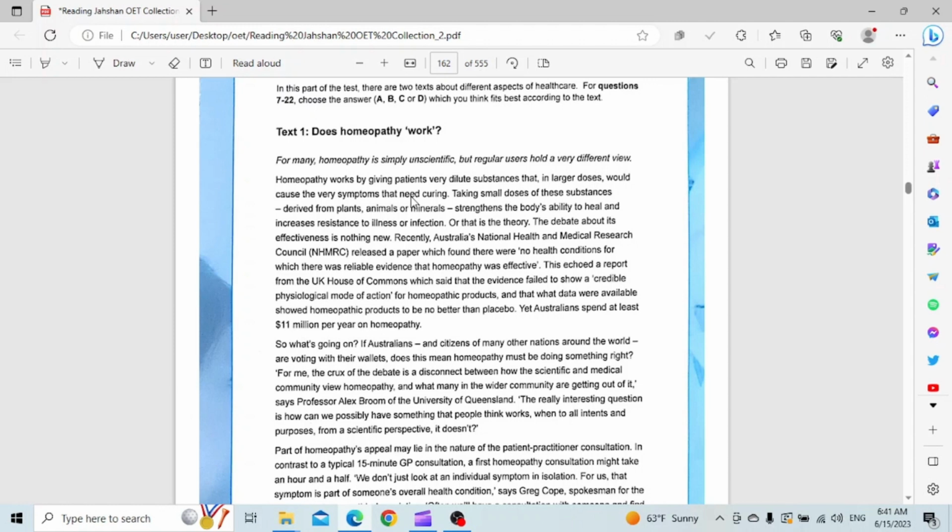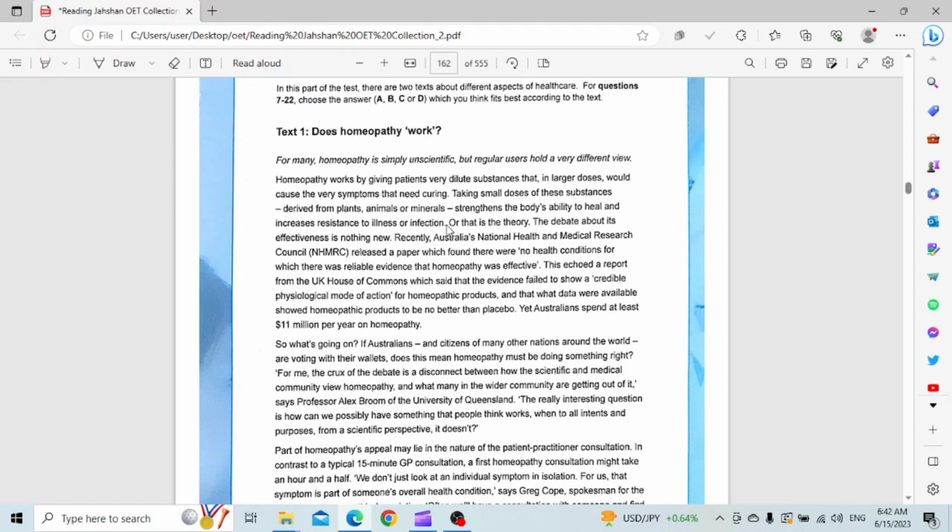Homeopathy works by giving patients a very dilute substance that in larger doses would cause the very symptoms that need curing, and you stop and recap what you have learned. Then you continue. Taking small doses of substances derived from plants, animals, or minerals strengthens the body's ability to heal and increases the resistance to illness or infection.